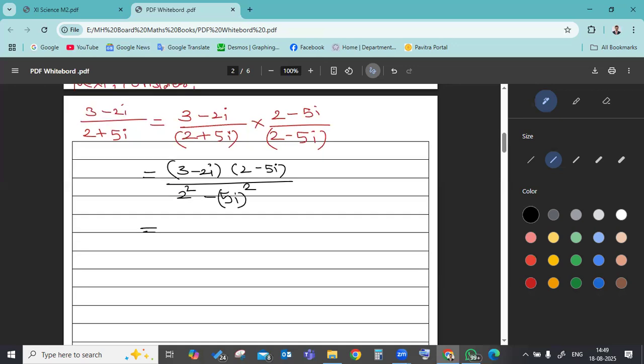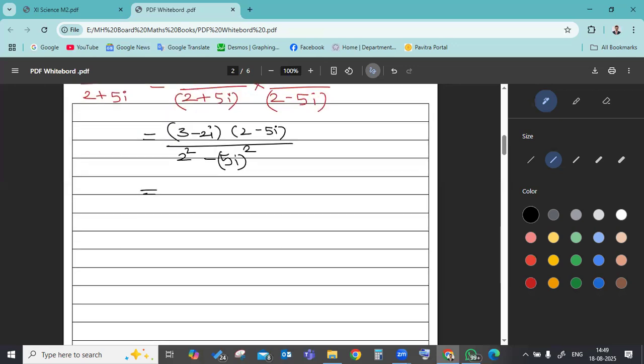So it becomes 3 into 2 plus 3 into minus 5i minus 2 into 2i minus 2 into 5 into minus 5, where minus minus becomes plus, i square. The denominator is 4 minus 25 i square.